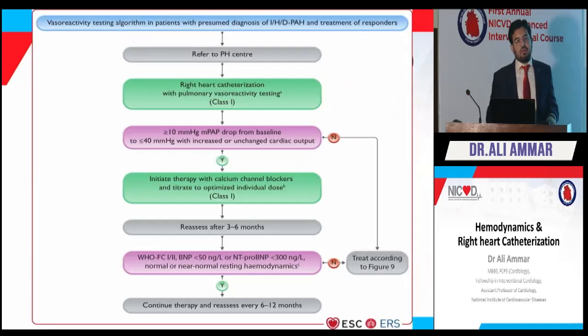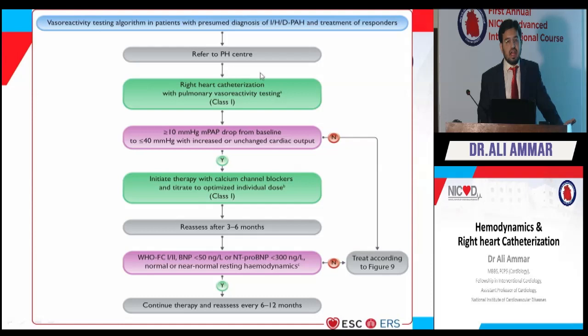Another important thing is when we have to check for reversibility. These are from the ESC guidelines, and they show that you have to do reversibility testing in patients with group 1. And how will we check it? We will check if there is a drop in pressure of more than 10 millimeters of mercury from the baseline to less than 40 millimeters of mercury, with an unchanged or increased cardiac output.